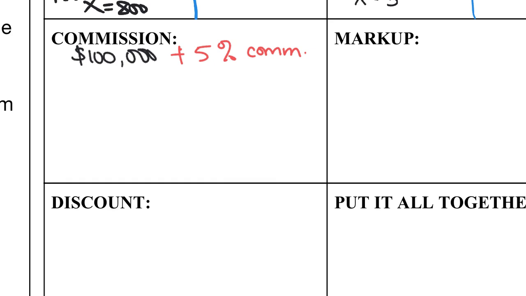So the 100,000 would be the whole thing. That's how much they are selling the item for, and we're trying to figure out how much extra they're getting, that part they're getting. And our percent is our 5%, so that will go up there with the percent. And then 100, again, that 100 always goes on the bottom. So then we're going to cross multiply.